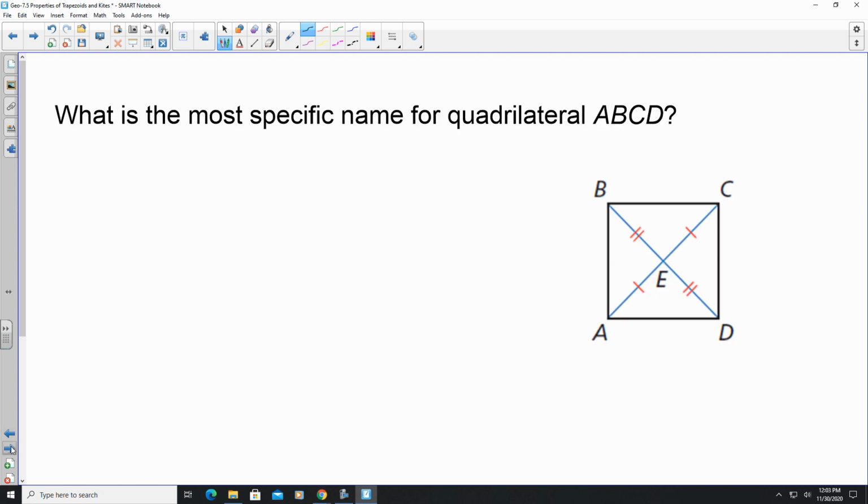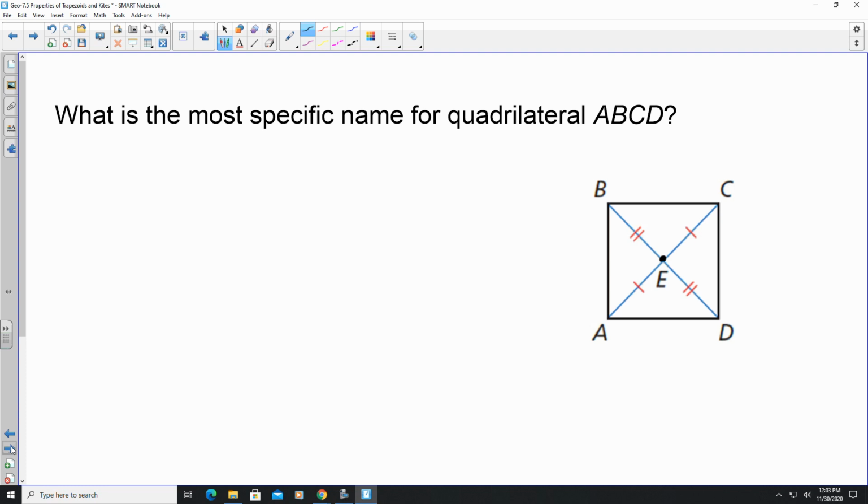All right, so here it's asking, what is the most specific name for triangle ABC? All they give us is that whatever this point is, I have congruent measurements from here to here, and I have congruent measurements from here to there.